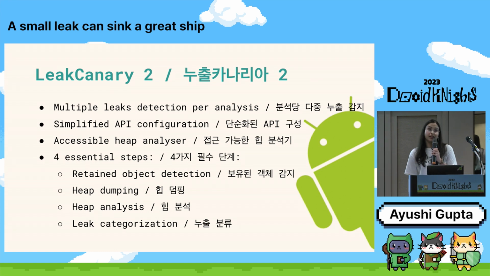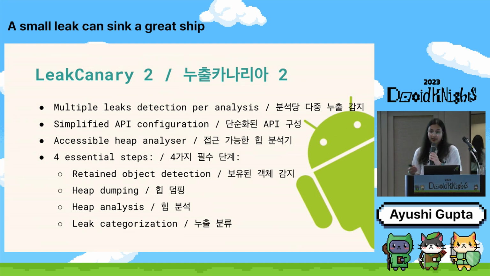We are talking today about a leak detection library, that is LeakCanary 2. It's not just LeakCanary we are talking about, it's LeakCanary 2. It's an upgrade that has come in, and it's a much more powerful version. Since it's an upgrade, the internals have been rewritten, and now it can detect multiple leaks in one analysis, and they can be grouped per leak type.